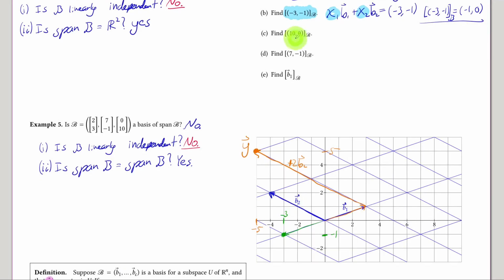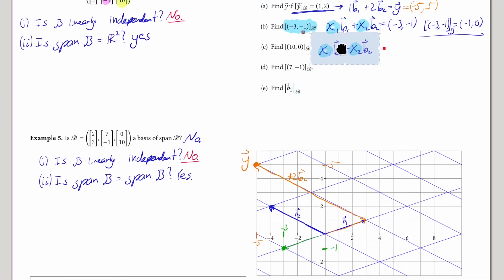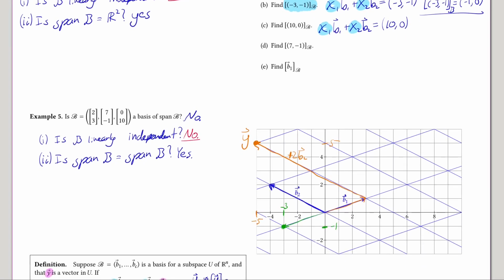So again with this one, it's saying find the b coordinates of (10, 0). In other words, what are the coefficients of b1 and b2 that make you get (10, 0) as that linear combination? Well, let's find (10, 0) here. 2, 4, 6, 8, 10.